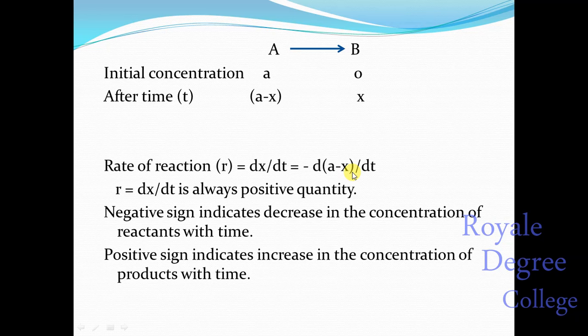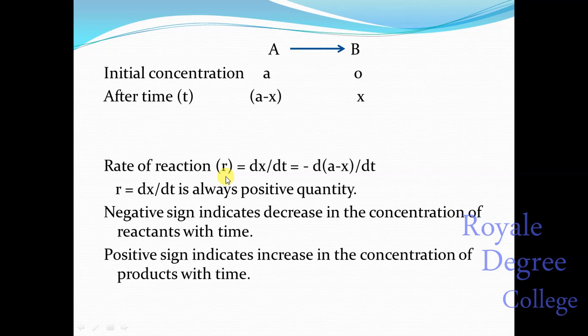So here, the initial concentration of reactant A is a and the initial concentration of the product B is 0. After time t, the concentration of B is x and the concentration of A will become a minus x.